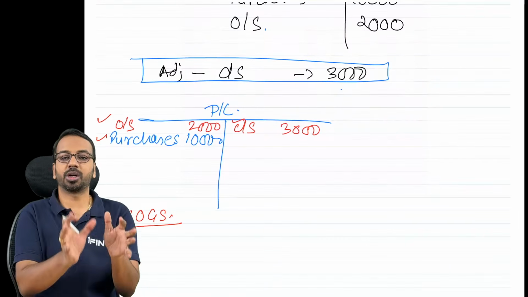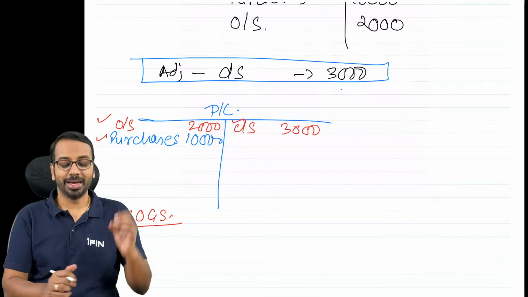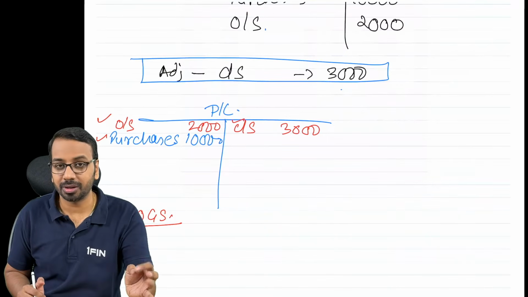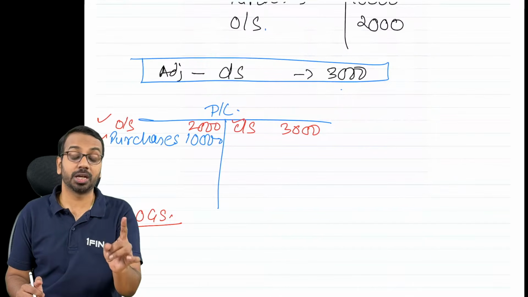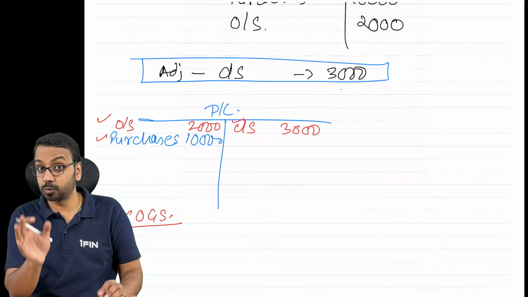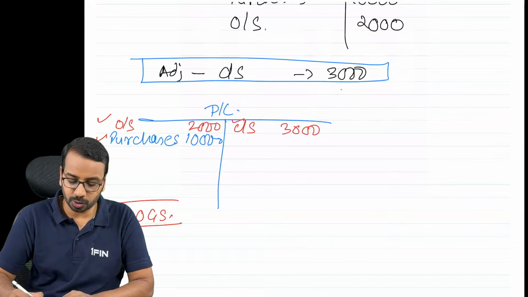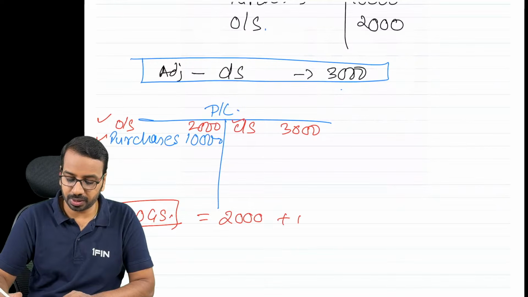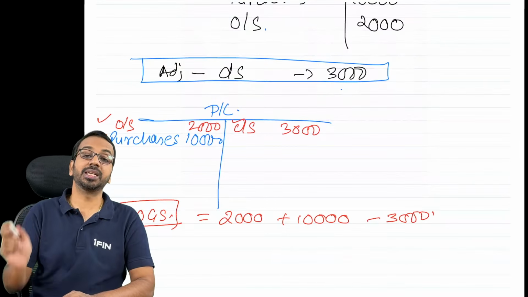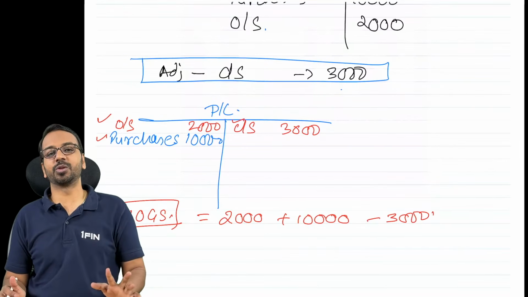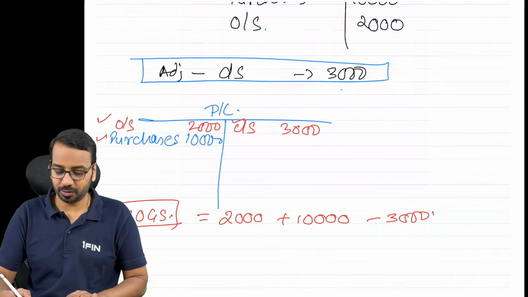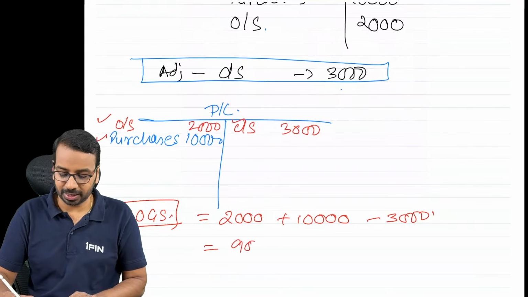You had 2,000 of stock with you. You purchased 10,000 of stock. How much stock is there with you totally? 12,000. You have 3,000 of stock in hand, which means your cost of goods sold is opening stock plus purchases minus closing stock. Please remember this formula. It will be very useful in your costing also. So 12 minus 3, 9,000.